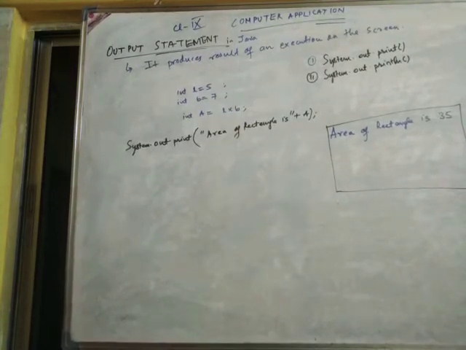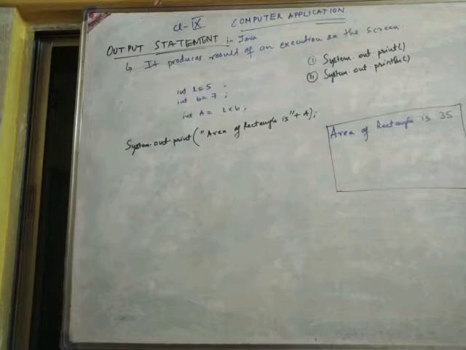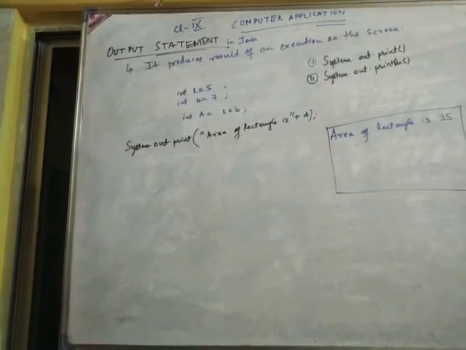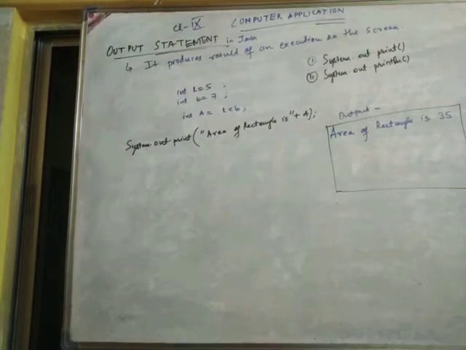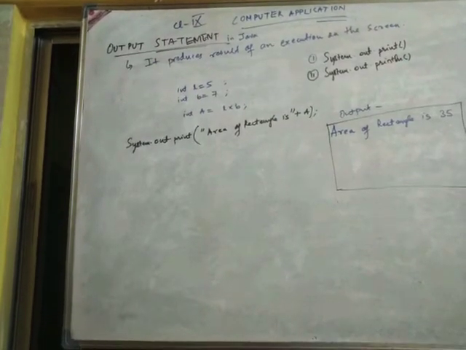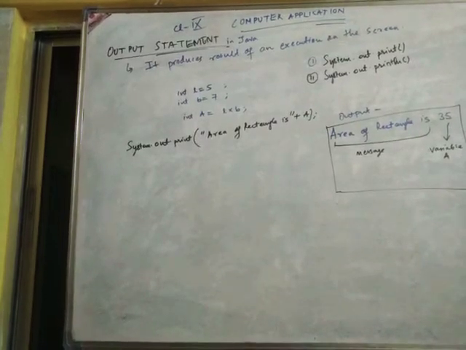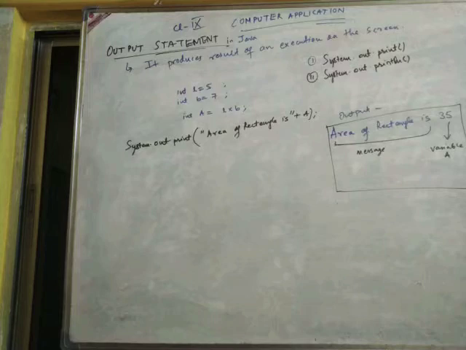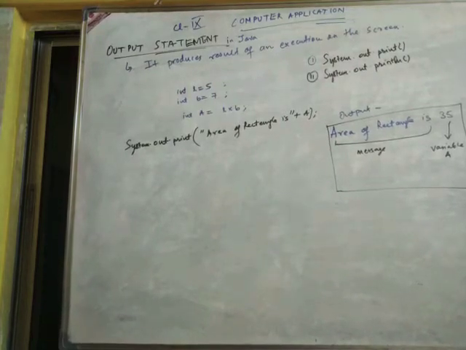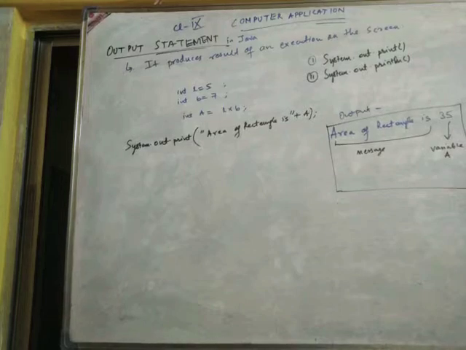So this is how it will be seen on the screen. For that, what output statement did I write? The output statement I wrote is System.out.print. In the output part which I have written in the box, the area of rectangle is, that whole part, we take as the message, and the variable is the 35, the value of A. We calculated length into breadth, and the area comes as A, so that is what you write. How will you write it?